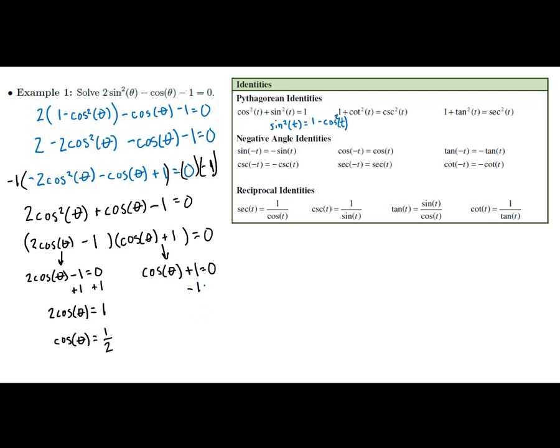And then here we're saying that cosine of theta equals negative 1. Okay, we're set up rather nicely here, but we've got lots of possible solutions we've got to keep track of. So let's focus on the cosine of theta equals a half first.